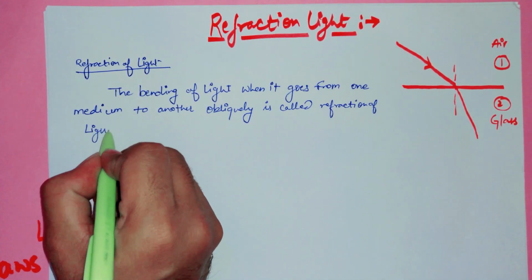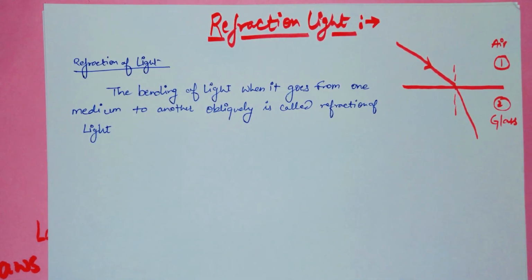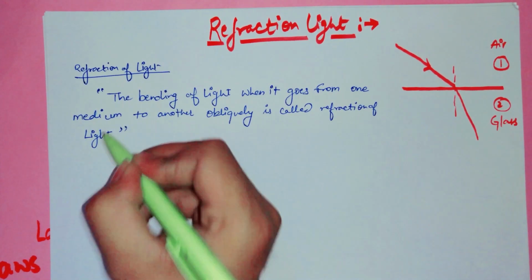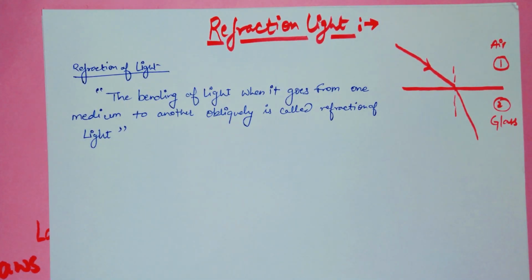Clear? So it means when light goes from one medium to another medium, it bends, and this phenomenon is called refraction of light. Clear?